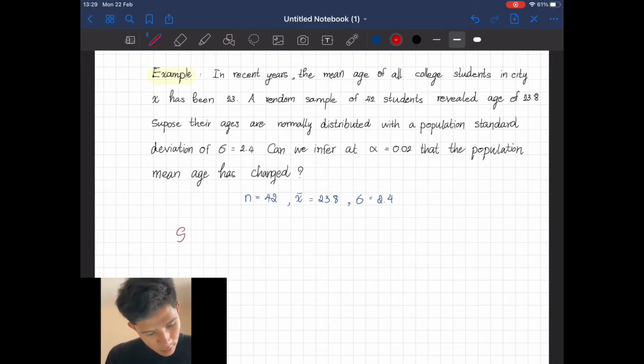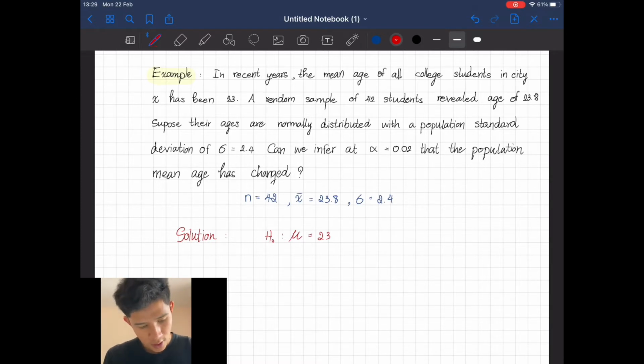Solution. From the example, null hypothesis H0: mu equal 23.